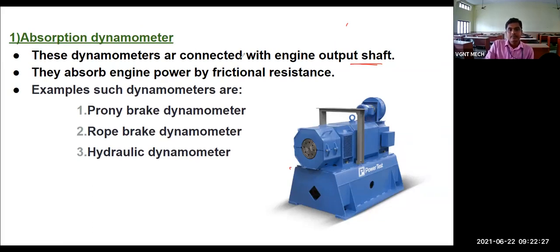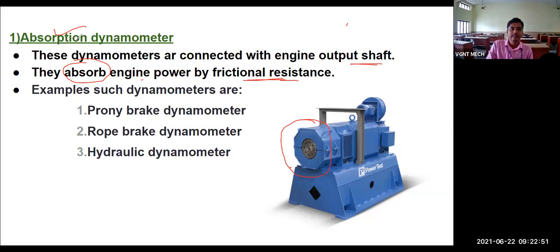Okay, so these dynamometers are connected with the engine output shaft. So this is the dynamometer, and this part of the dynamometer will be connected with the engine output shaft. They absorb the engine power by frictional resistance. Okay, so that's why the name is absorption type dynamometer, because they will absorb the engine power.